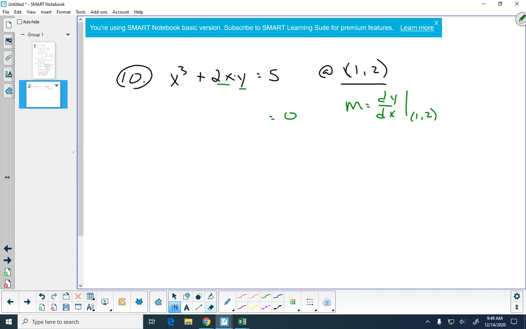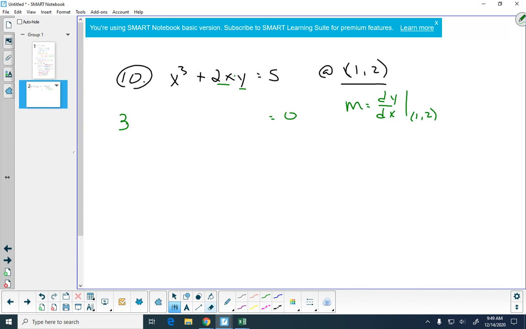Dylan, if we implicitly differentiate this, what do we get? Don't worry about simplifying yet. Just what your derivative is right now, if I use my product rule.